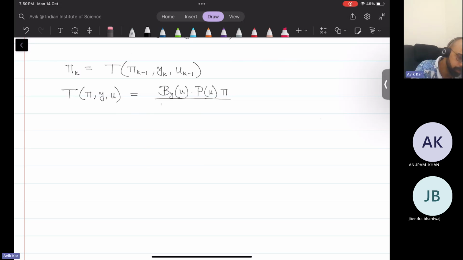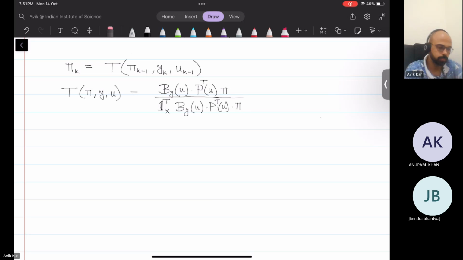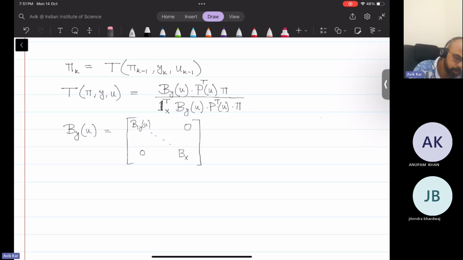And then there is something called sigma, which is the all-one vector on the state space, where this B_{Y,U} is the diagonal matrix, where the diagonal elements are 1, y, u, p x y u.